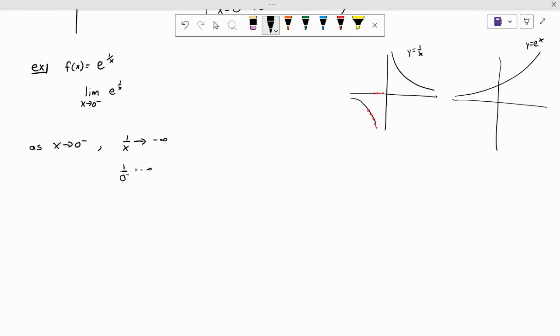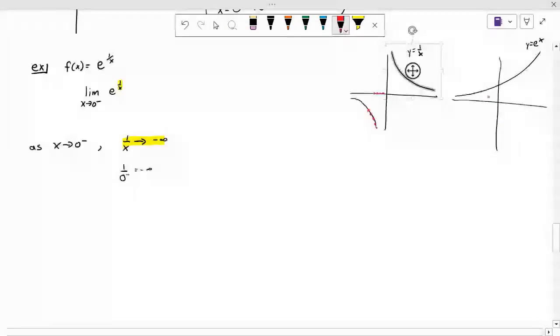Now, this 1 over x is just the argument of our exponential function. Since it goes to negative infinity, we can look at the graph of our exponential function and ask, what happens when the argument goes to negative infinity?